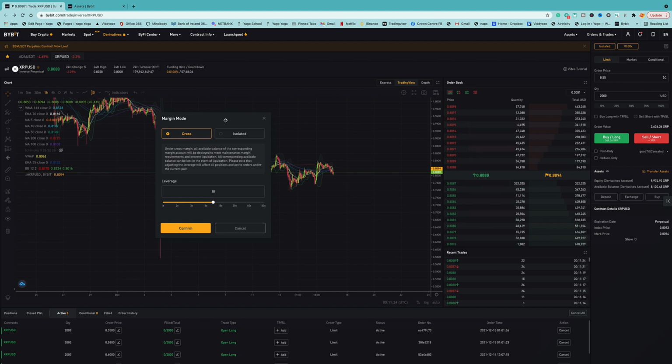Some people play the same with their cross account. They'll put in a trade and make sure they have enough in their account so that if it wants to go down, the system will automatically keep taking it out. It'll keep pushing their liquidation price down, and they know they have enough money in their account to pull it down 50, 60%. And they're going to play that leverage.